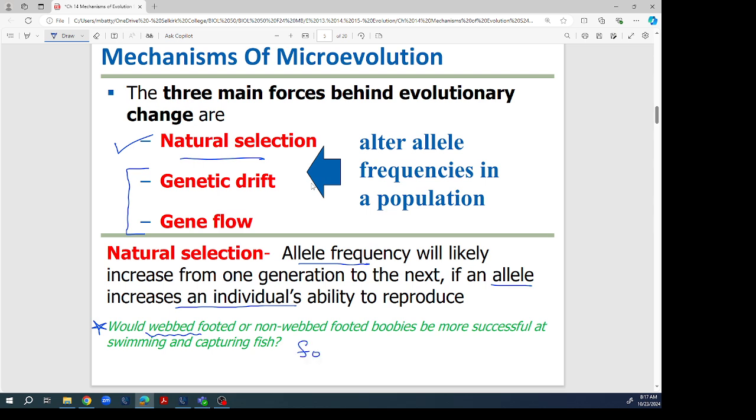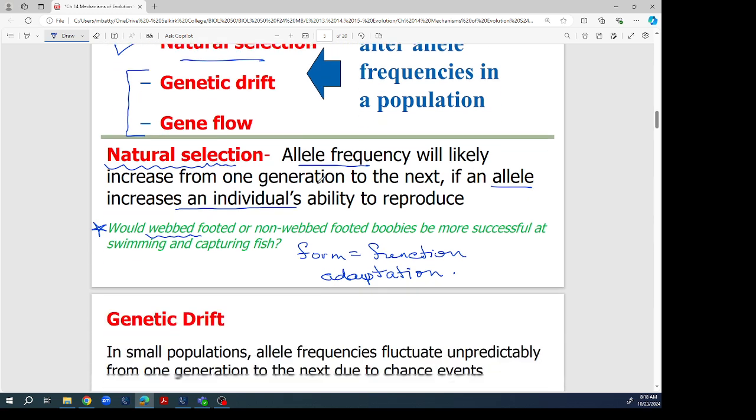That idea of form and function and adaptation. So this is really a continuation of what we were introduced to in chapter 13, and really is the primary idea behind evolution.